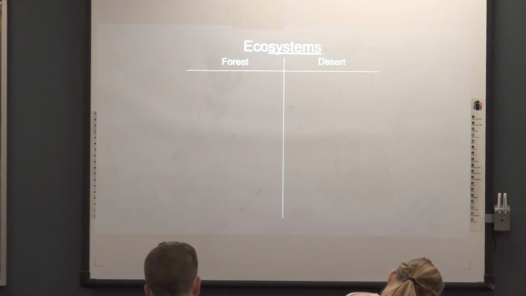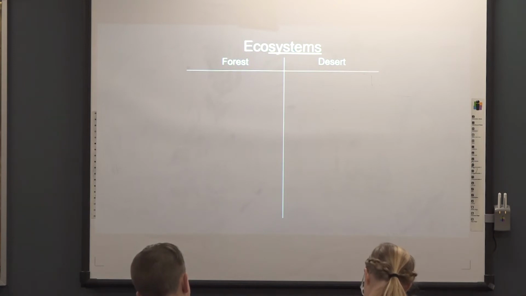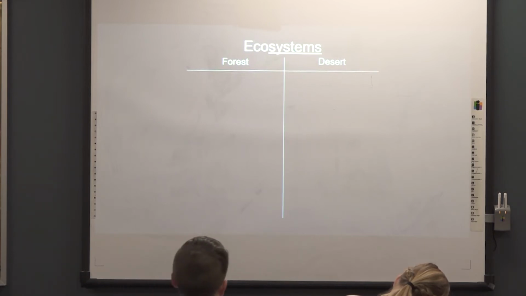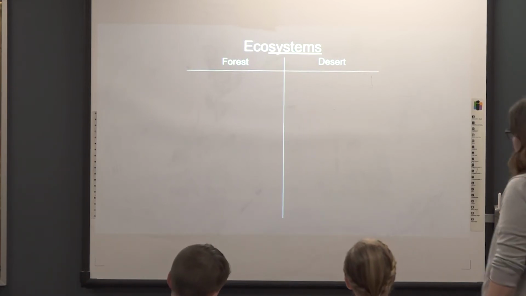Can everyone say what the prefix of that word is? Eco. Okay, so you might connect to other words that have eco, ecology, economics, maybe environment. And then what's the root word up there? Systems, okay? So systems is a cross-cutting concept, and we could see that connection there.